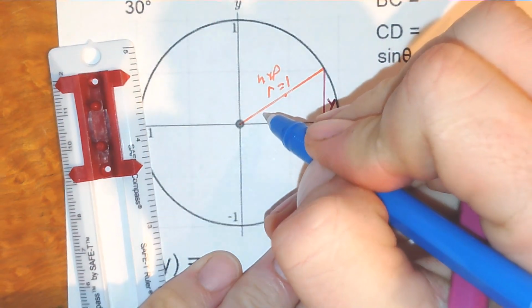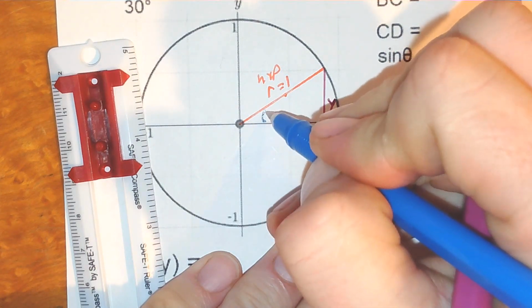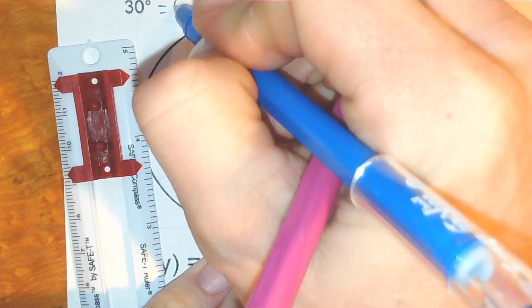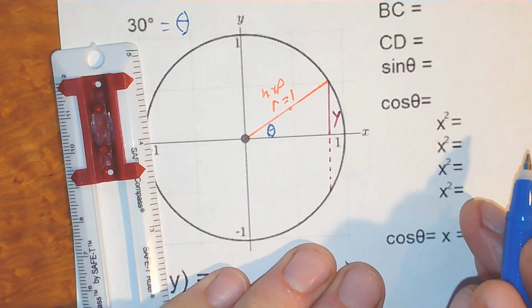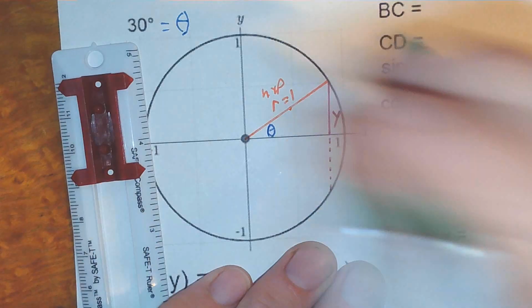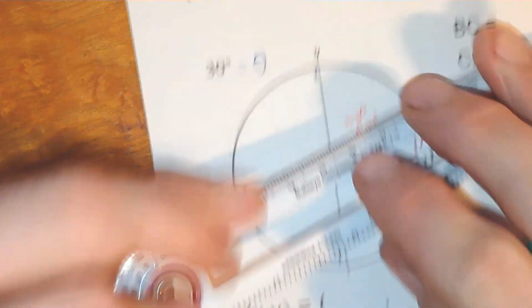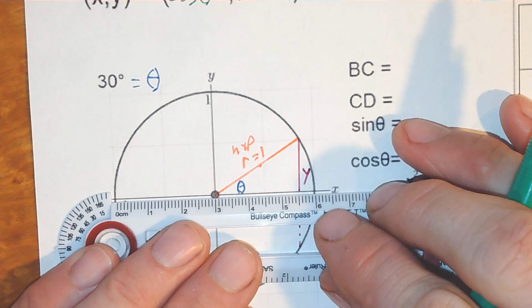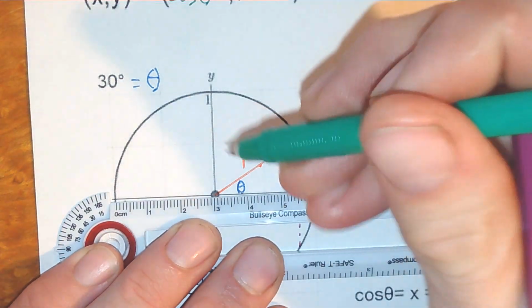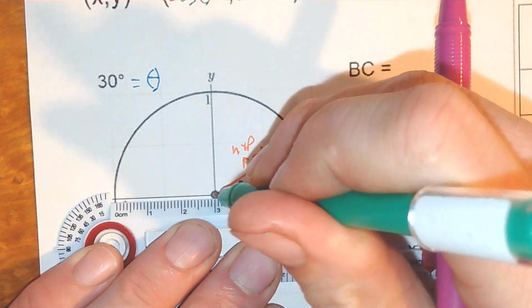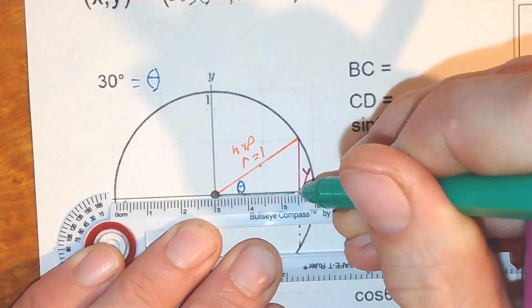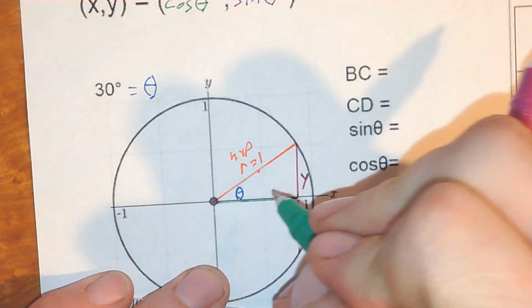Because I'm going to go off of theta right here. Theta, which I know is 30 degrees. Okay. All right, and then I have this right here is x.